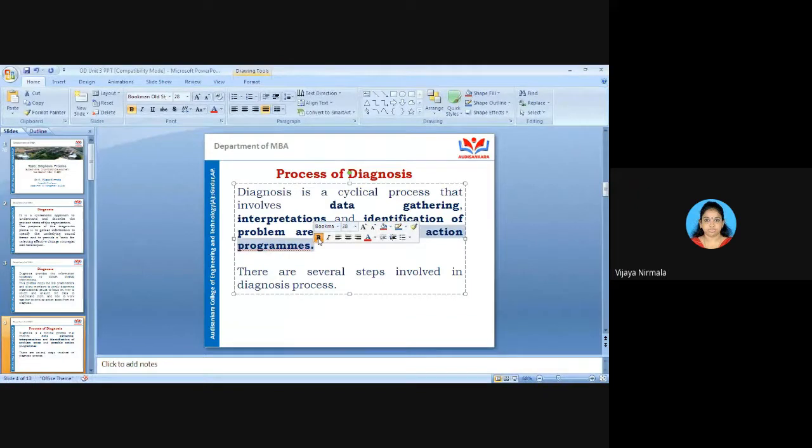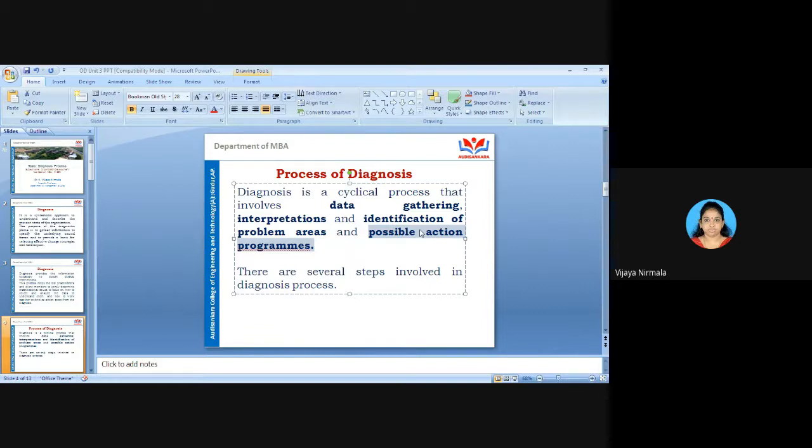So the diagnosis process consists of collecting data, interpreting them, identifying the problem areas, as well as defining the possible action programs. So these are being done in the process of diagnosis.